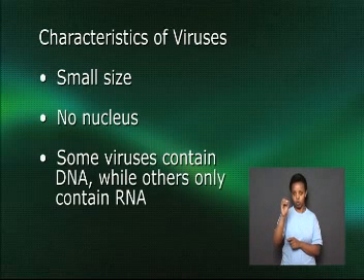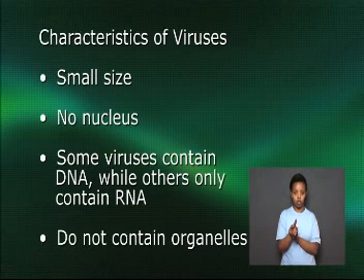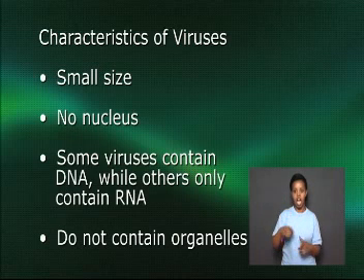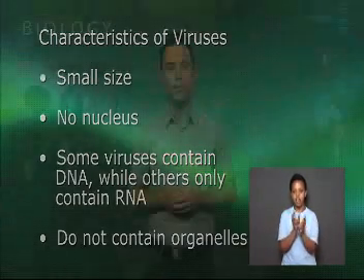The fourth characteristic is that viruses do not have any organelles. Since organelles are not present, viruses cannot carry out normal cell activities such as respiration, active transport, or facilitated diffusion.